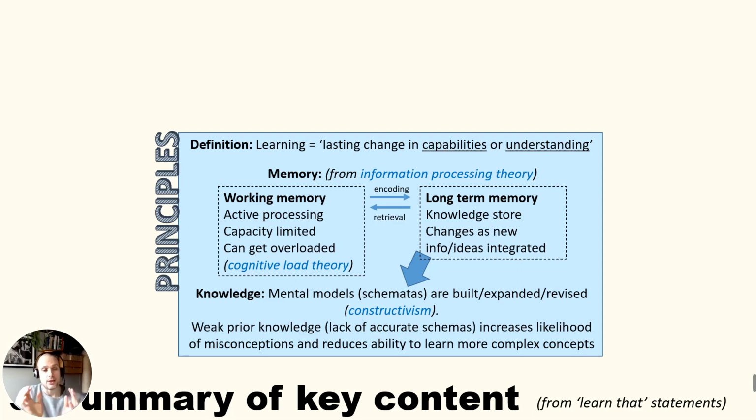And they also talk about prior knowledge here. They say that weak prior knowledge increases the likelihood of misconceptions and reduces the ability to learn more complex concepts. Some of you will disagree with that, and some of our academics here will say that in our subject it's a different story when it comes to prior knowledge.